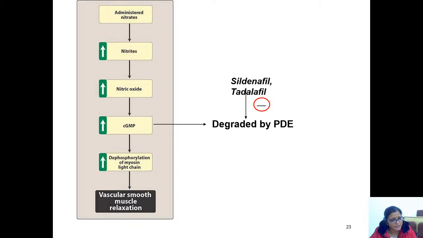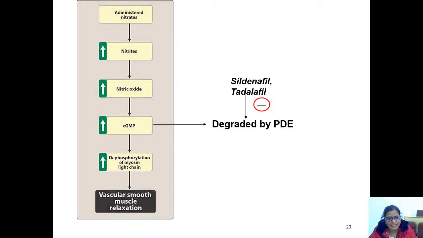What it does is vascular smooth muscle relaxation. Now in this step we saw that when we administer nitrates, there is increased cyclic GMP, which causes the downstream effects.